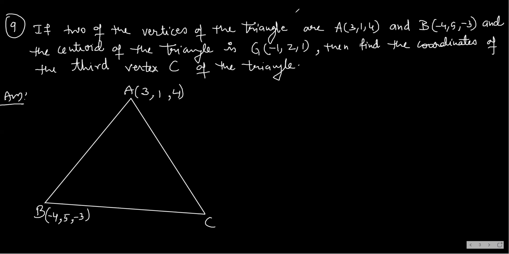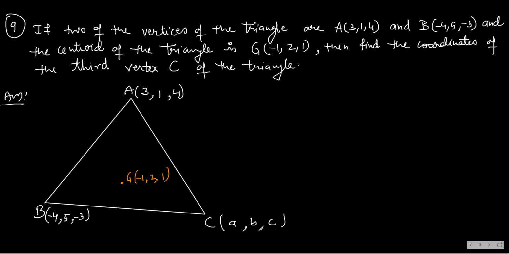What more is given? We are given the centroid of this triangle. The centroid is G and its coordinates are -1, 2, 1. The question demands that we find the coordinates of the third vertex.